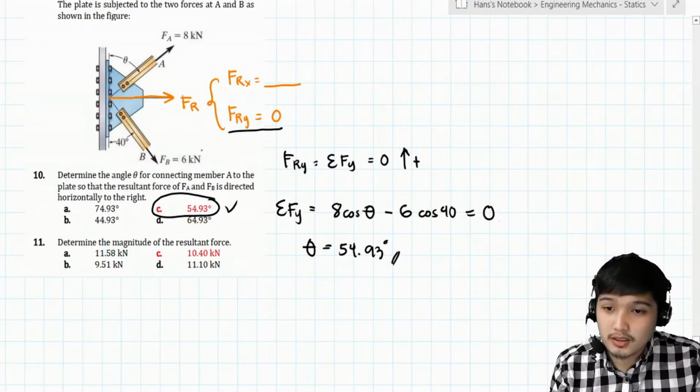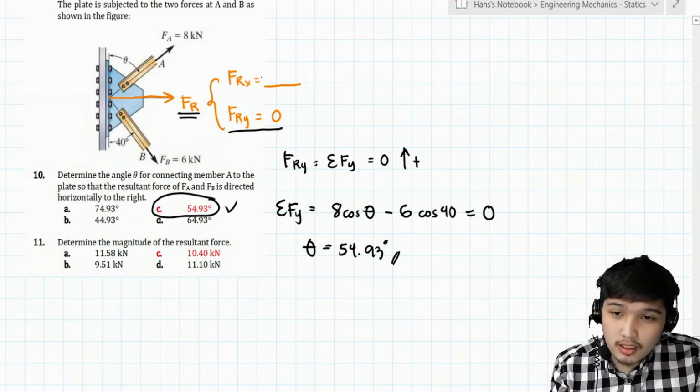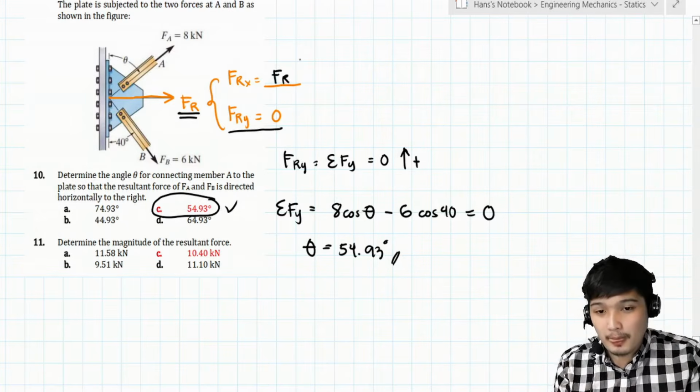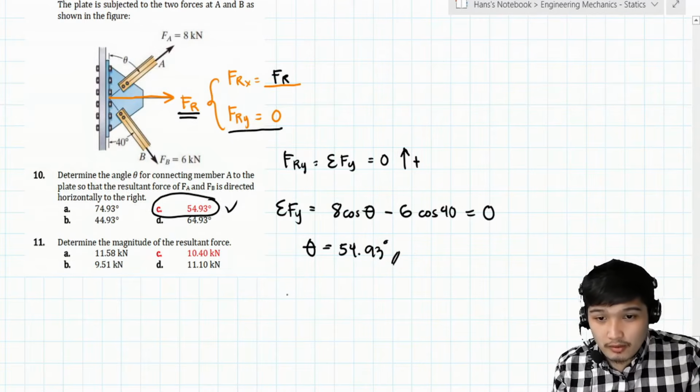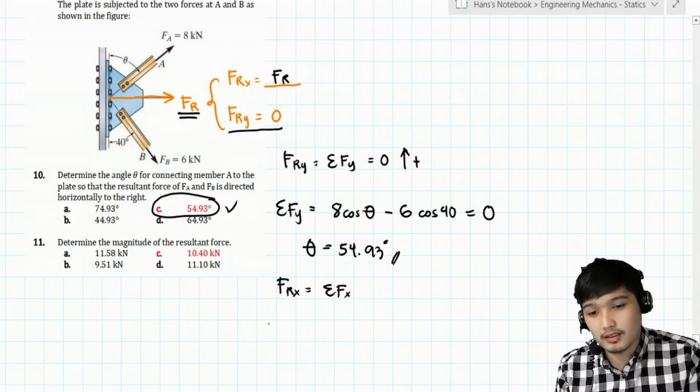So lumalabas kasi dito, kung completely horizontal yung FR, edi etong FRX is just simply equal sa FR, no? So equal lang sila. So kailangan lang natin kunin yung FRX.